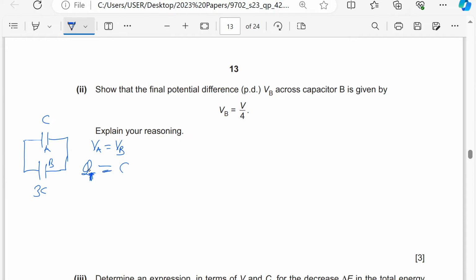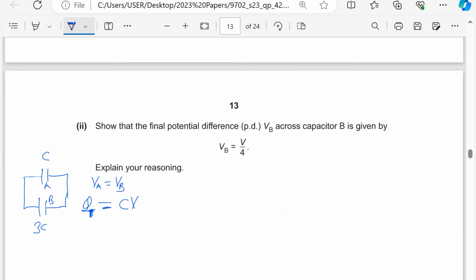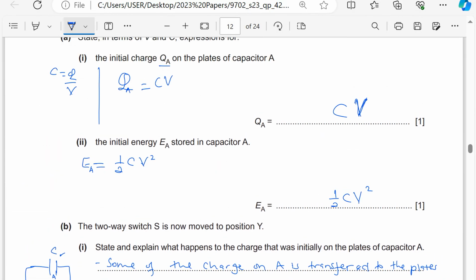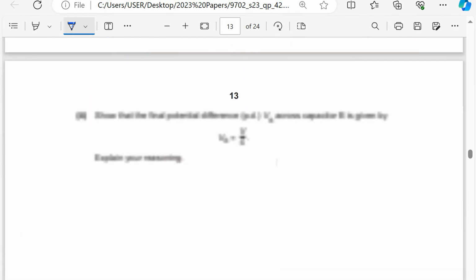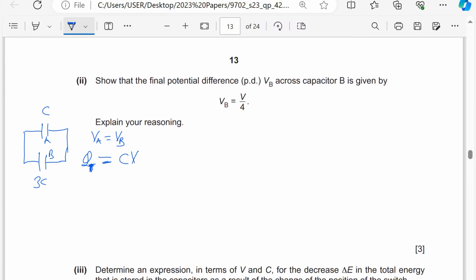Total charge was CV before. That is, the initial total charge was CV, which was shared later on. So the initial total charge is CV, and the total charge must be the charge on A plus the charge on B. So the charge which is now on capacitor A plus the charge which is now on capacitor B is equal to the initial total charge, which was C times V.